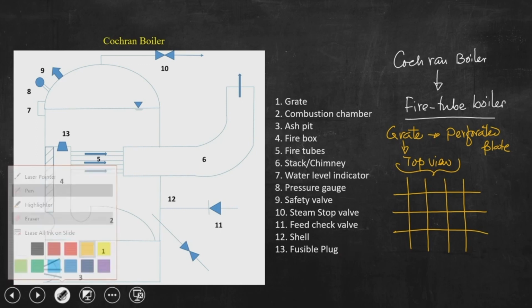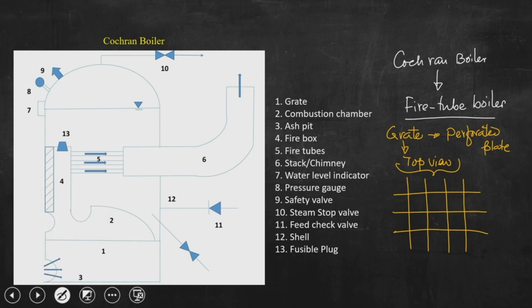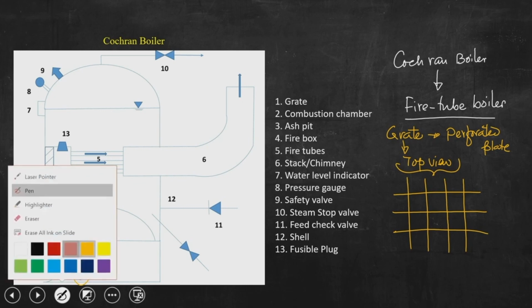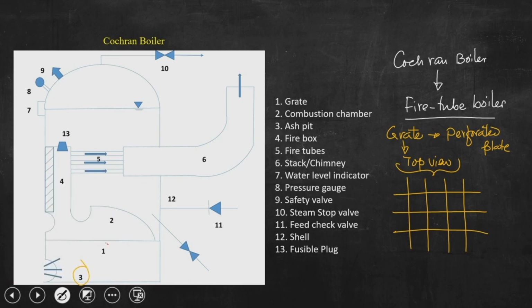Now, this is the grate. The entire combustion is completed in the grate, and 3 you can see is the ash pit, where the ash is deposited. 4 is the firebox, that is shown.